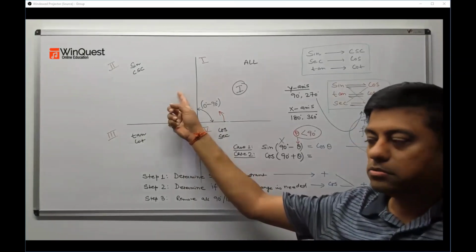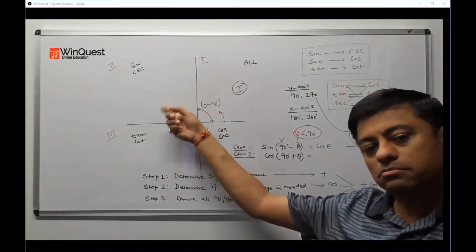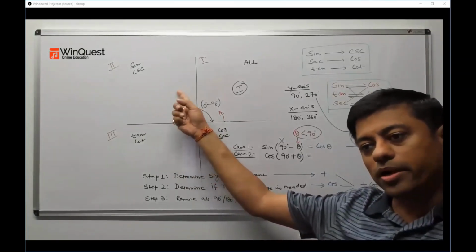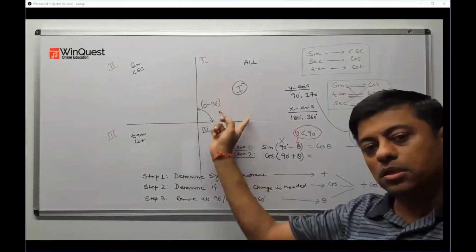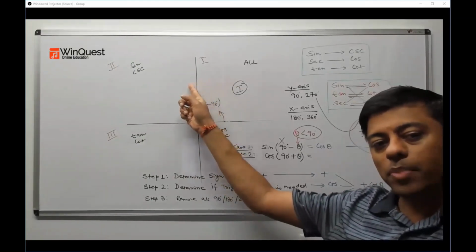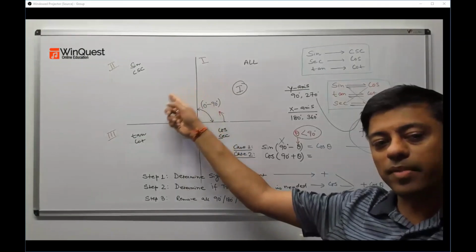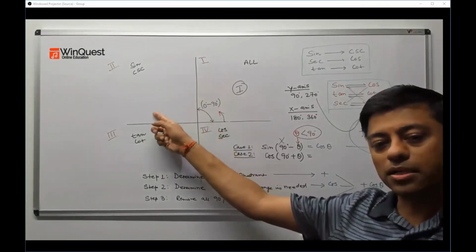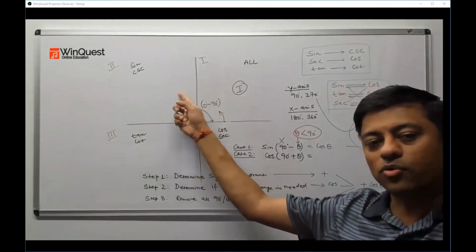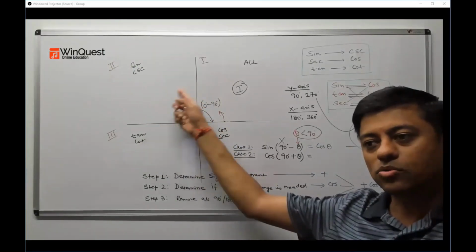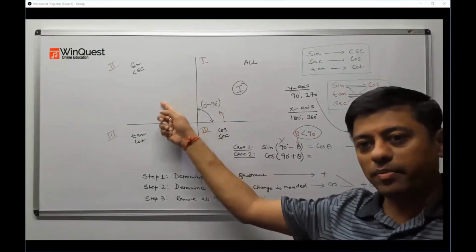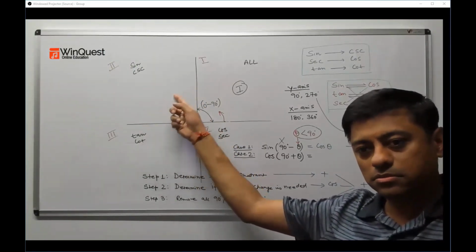Which quadrant is this? Quadrant 2. Theta cannot be greater than 90 degrees. So will it not revolve around 90 plus this, whatever the quadrant is? Am I making sense? Yes.